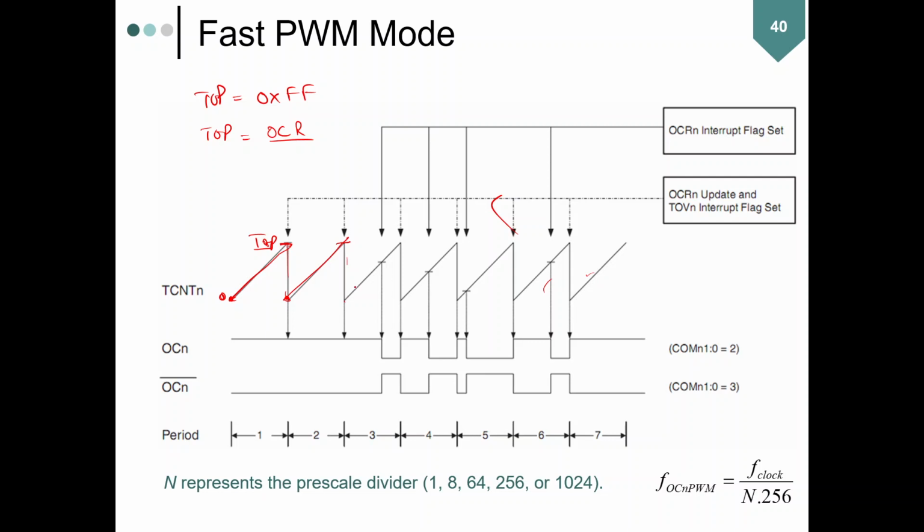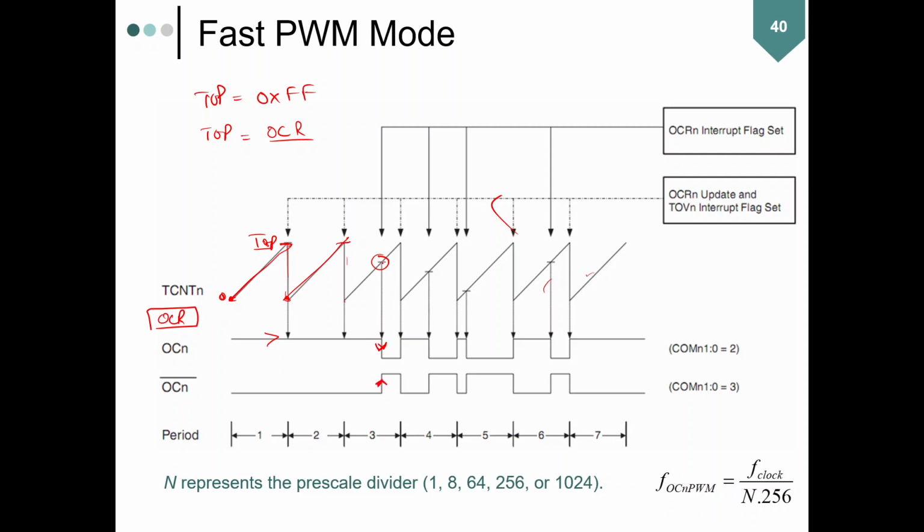If you set the output compare register to a certain value, then at that particular value, the output compare pin is going to toggle to 1 in the non-inverting mode, and it is going to toggle to 0 in the inverting mode.